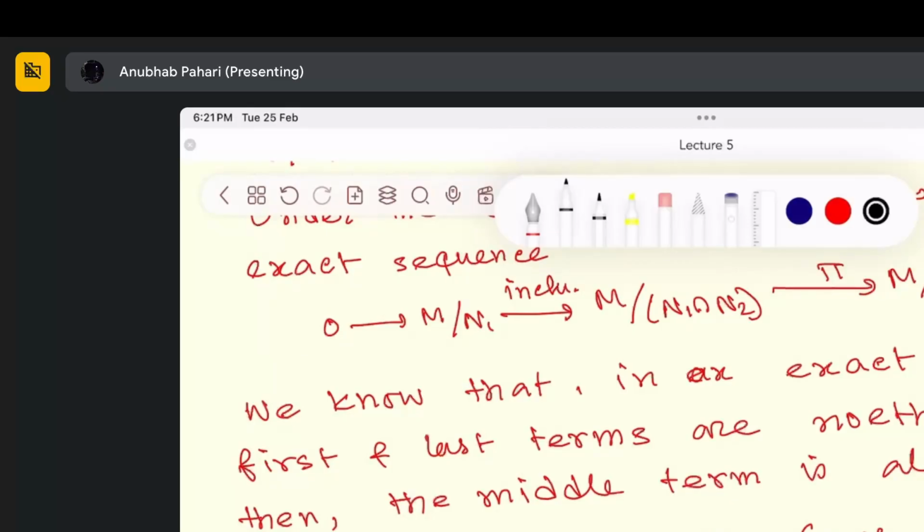We can go to the next problem. We'll be doing interesting consequences of some problems.